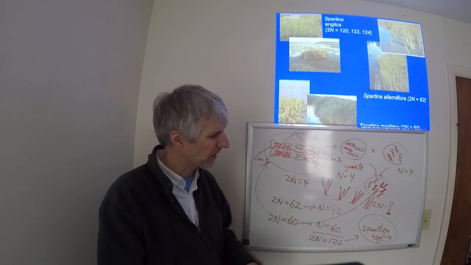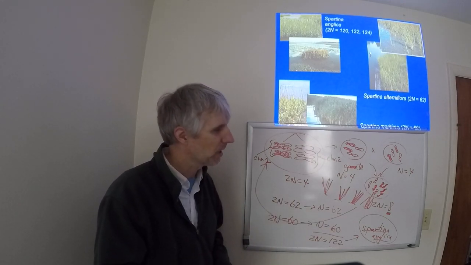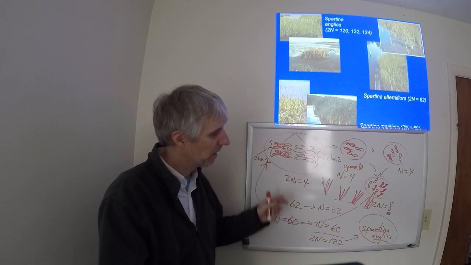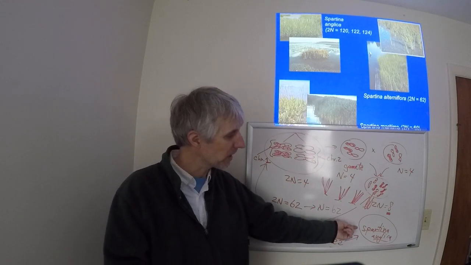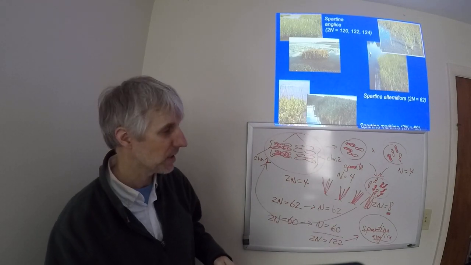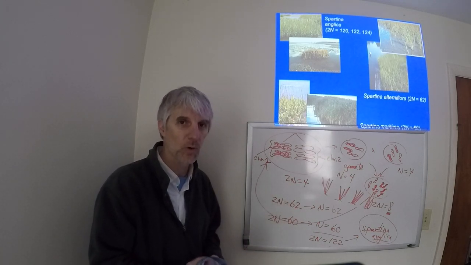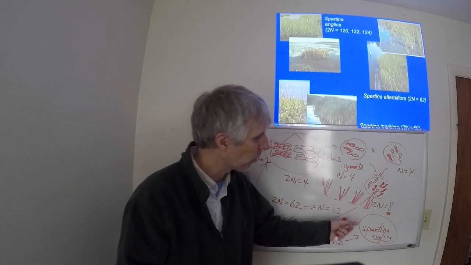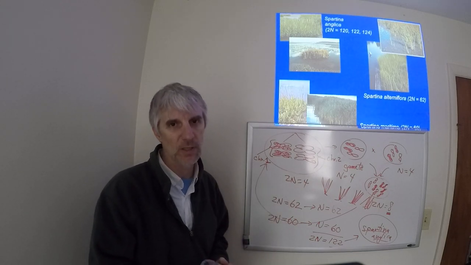Somebody got the bright idea to bring it to Southeast Asia to control coastal erosion. It's taken over there, and then it got into Australia, and now it's a really, really tough invasive species that exists in other parts of the world. This species was formed through hybridization through a sympatric speciation event.